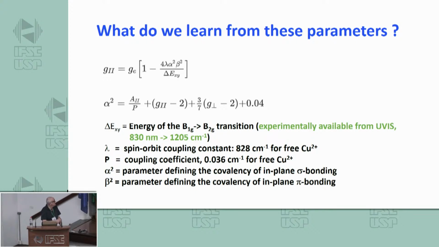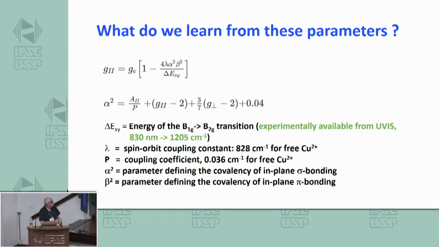What always enters in this expression is the energy level difference between the optical ground state and the first optical excited state, because this difference in energy is relevant in the second-order perturbation theory that's being applied here.